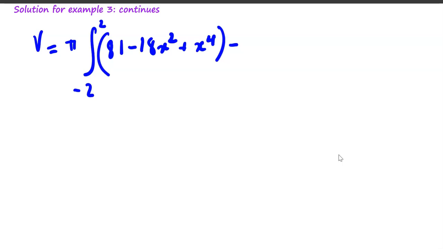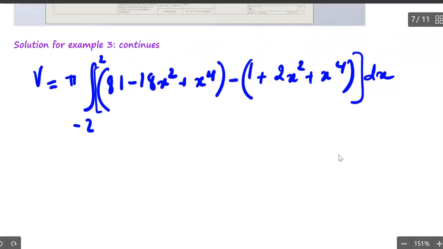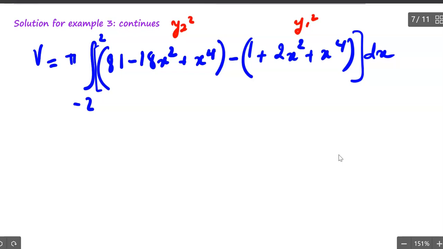Subtract in the brackets, don't forget it's a bracket, 1 plus 2x squared plus x to the exponent 4, and all of this is in terms of x. This is my y2 squared, this is my y1 squared. I double check so I don't make any error.